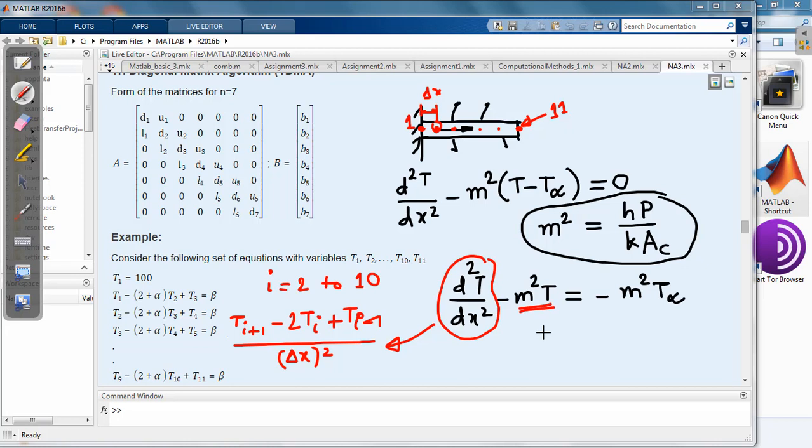The m square term we can simply write as m square Ti at the ith point, and the T infinity part is a constant, a known quantity.